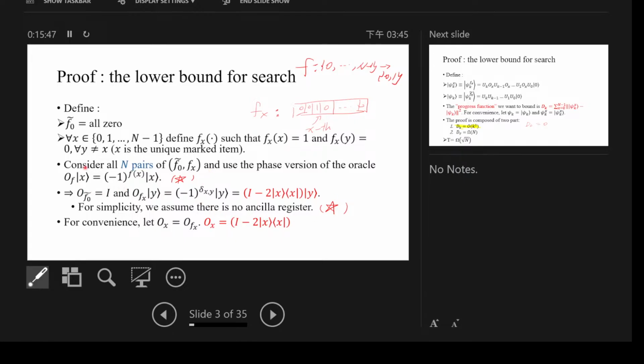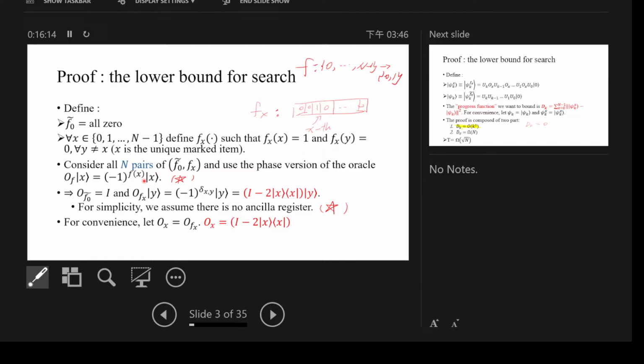So the first lazy thing we do is we assume our oracle is the phase version. And remember, this phase version of the oracle is actually a bit weaker than the computational version because we don't have the control register, but that's okay because if you do two of this, it is equal to the control version. Good. So that's the first lazy part: we assume our oracle is in phase version.